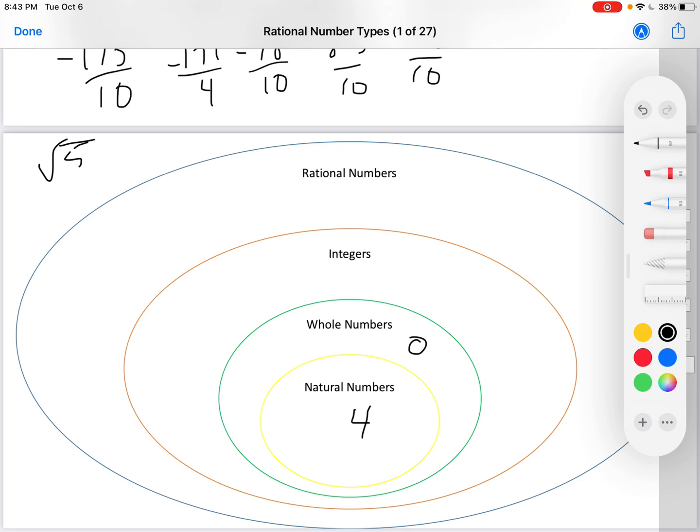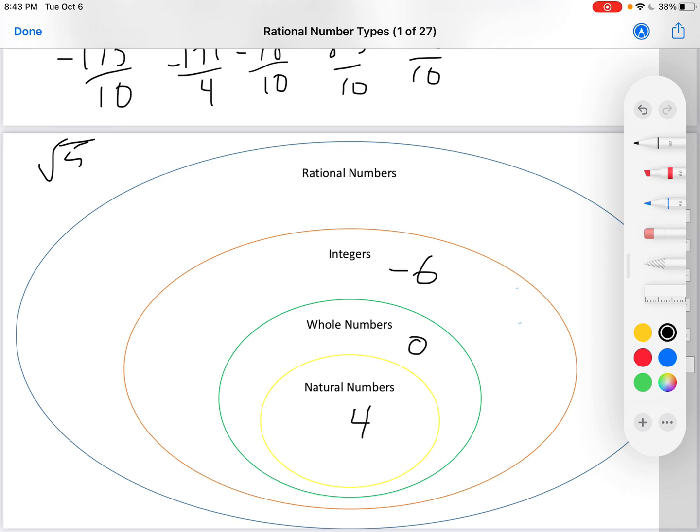What sorts of numbers are integers that are not whole numbers? Well, whole numbers can't be negative, so we want negative numbers. Does that mean negative 6 goes here? Yes. Does that mean negative 6.5 goes here? No, that's wrong, because integers have no fraction parts.